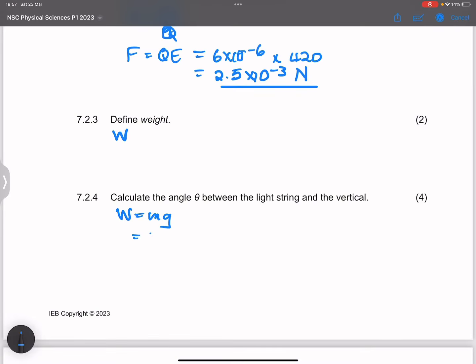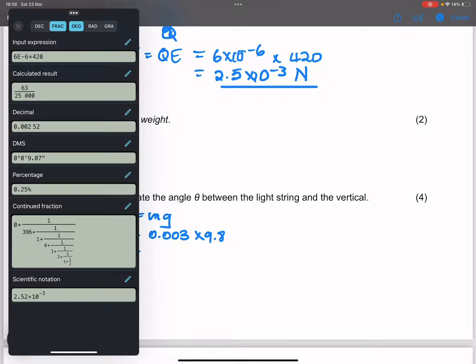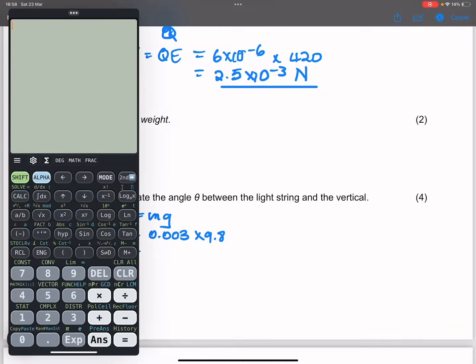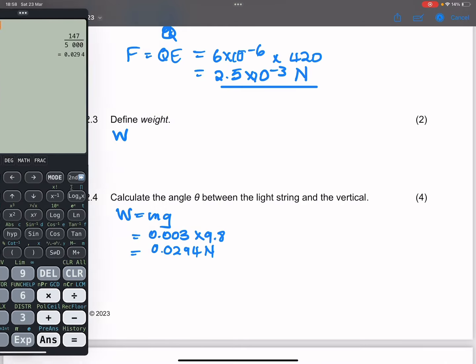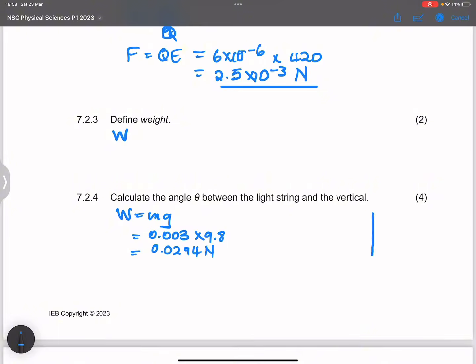So that's 3 divided by 1,000, which is 0.003, multiplied by 9.8, and we get 0.0294 newtons.